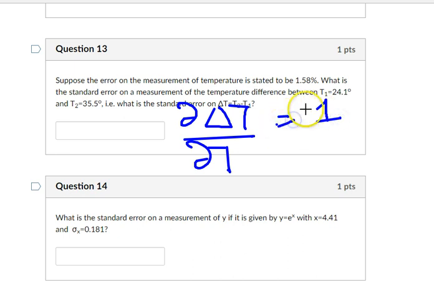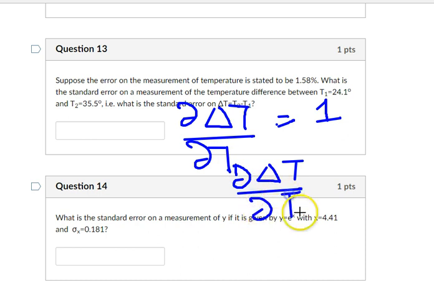The partial of delta T with respect to partial T2 is again 1. So it's 1 in both cases.